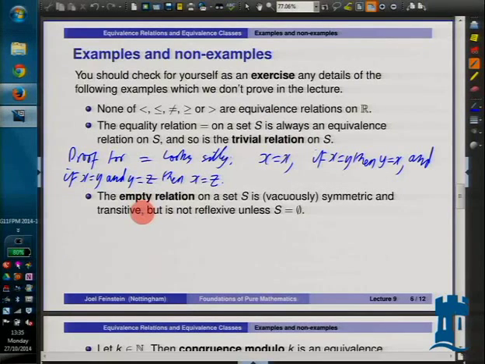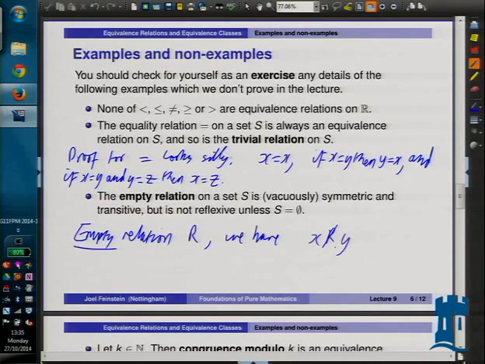That's the one where nothing's related to anything else. But a peculiar thing happens. It's still symmetric and transitive, because there's no counterexamples. When you've got the empty relation R, we have x is not related to y for all x and y.